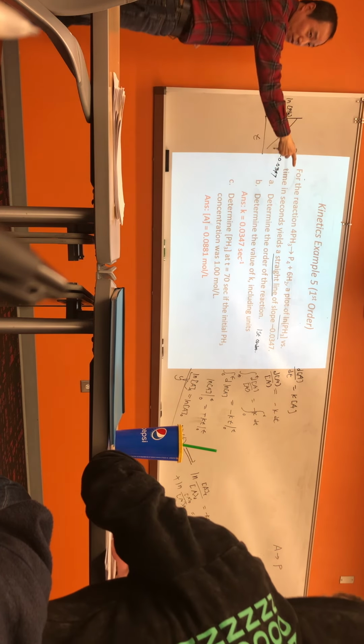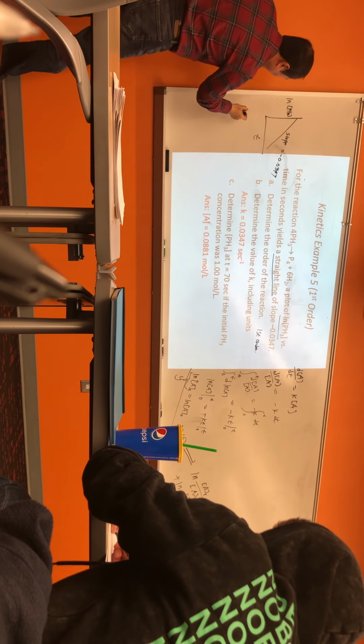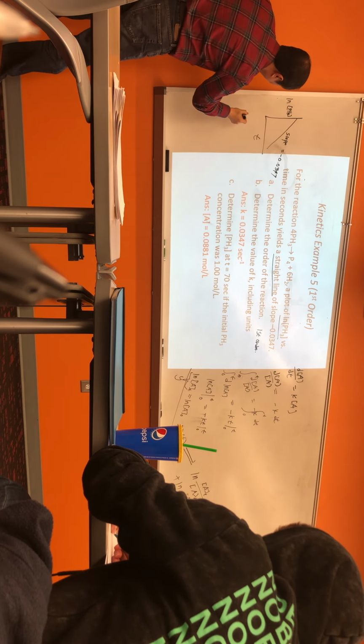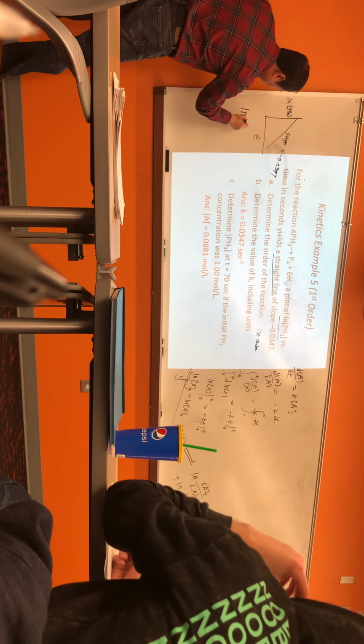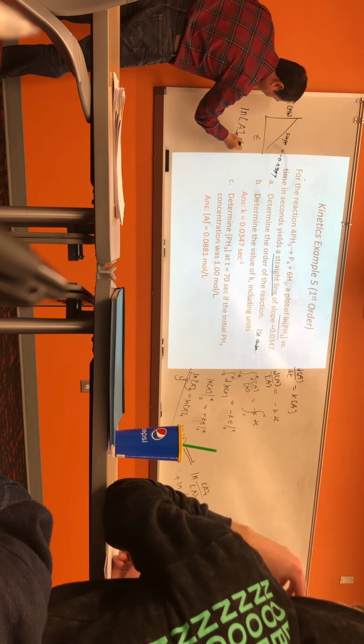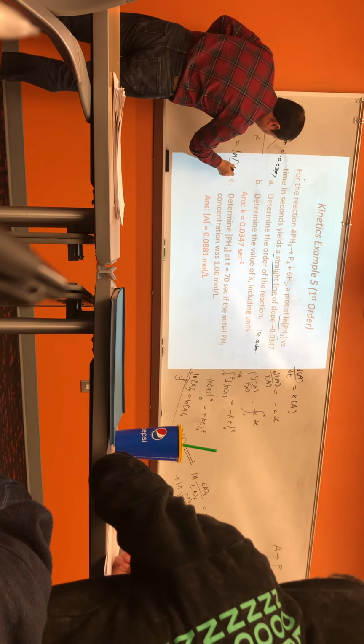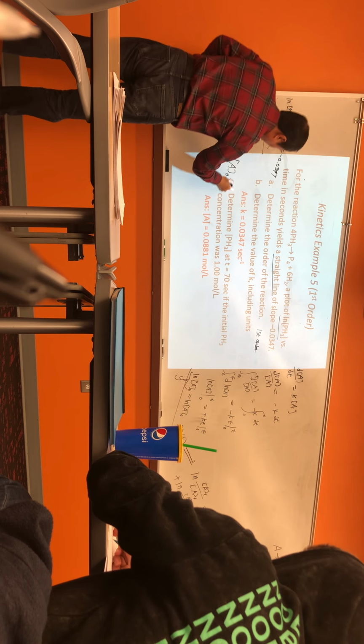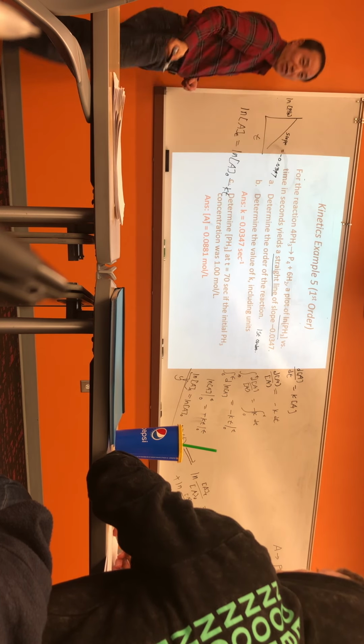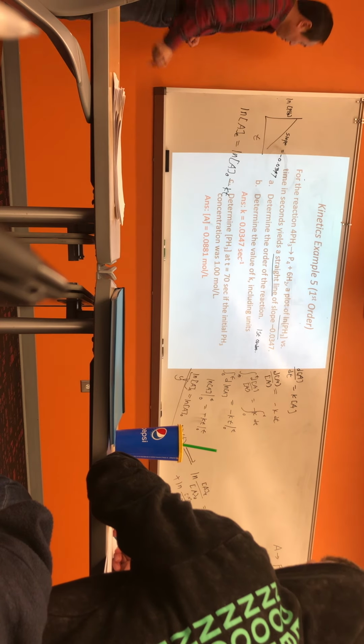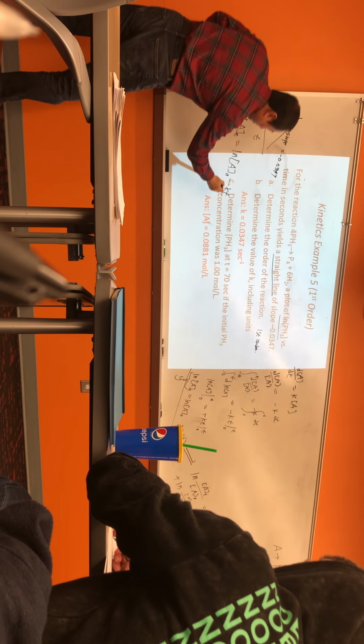The moment you recognize first order, you write the integrated rate law as ln A equals ln A0 minus kt. Why? Because you memorized it. Okay? This is y, this is x.